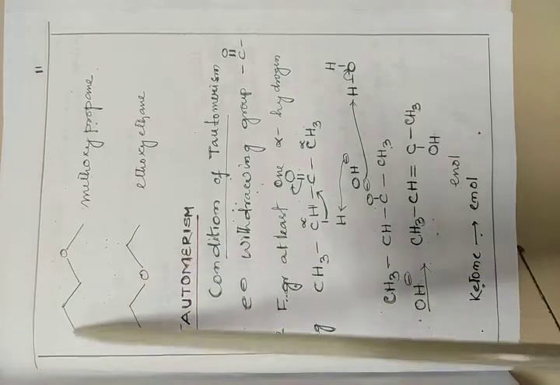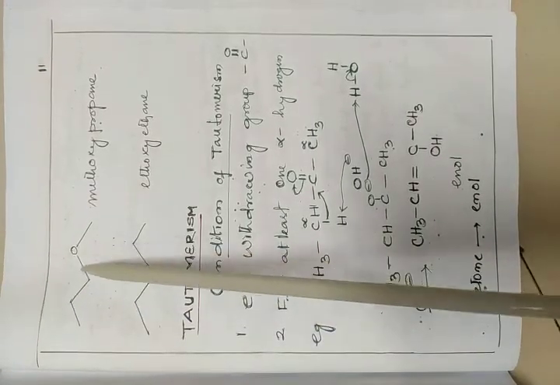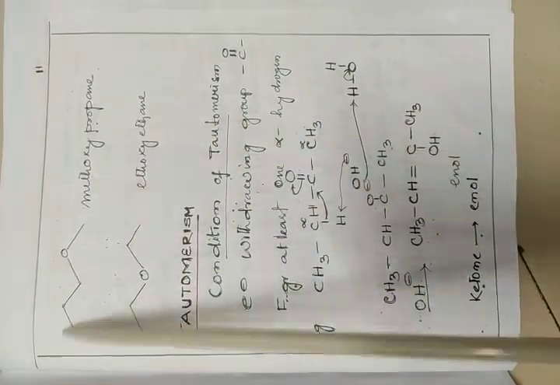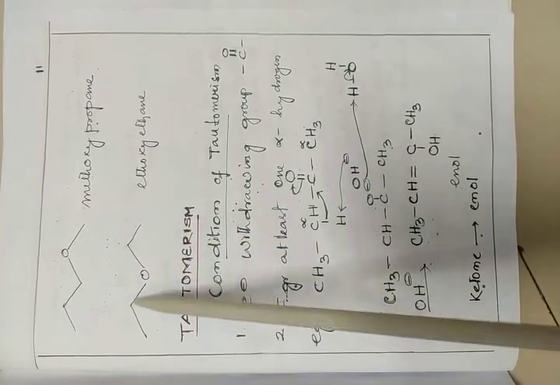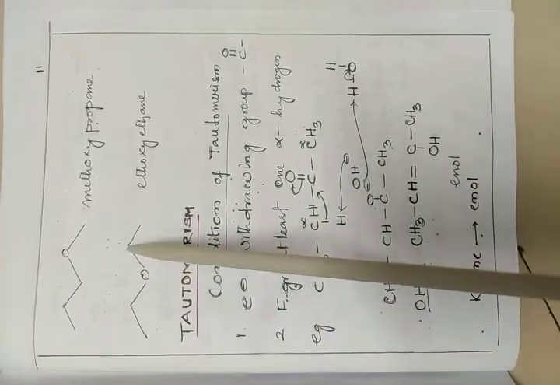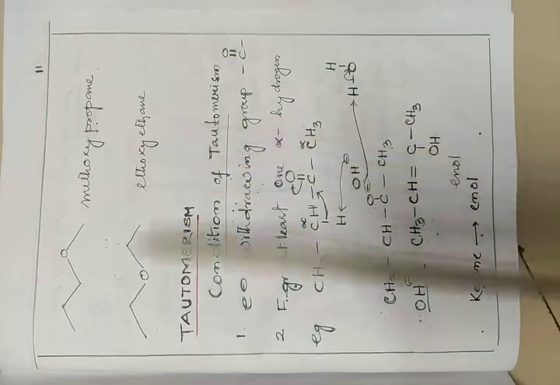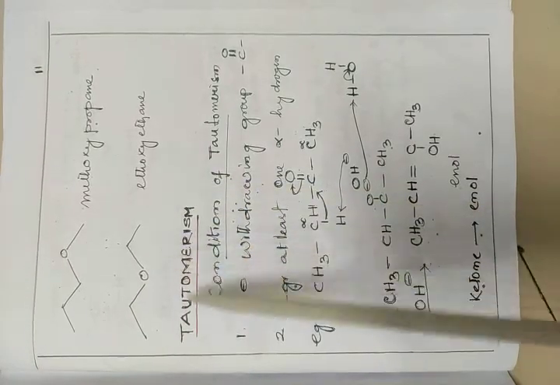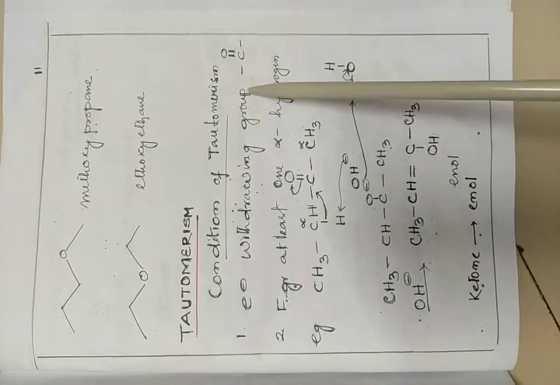Now another structure is here 1 2 3, carbon is there, oxygen is there, so methoxypropane. Then another one here 1 2, 1 2 3, so this is also ethoxyethane. So like that we can draw the structure, that is the metamerism.